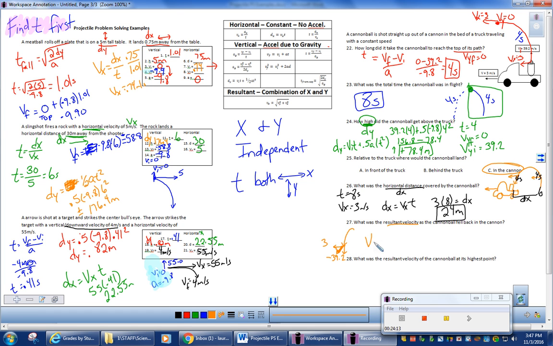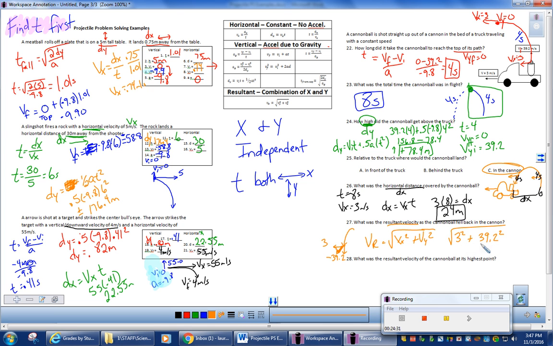So my resultant velocity is my x velocity squared plus my y velocity squared. I'm going to take the square root of that final answer. My x velocity was 3. My y velocity was 39.2. And because I'm going to square it, it's not necessary to use the negative. And I can't put the negative under my square root anyway.